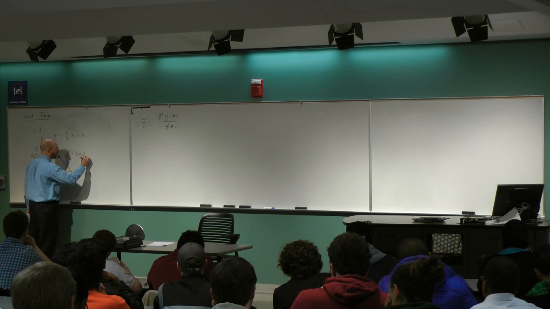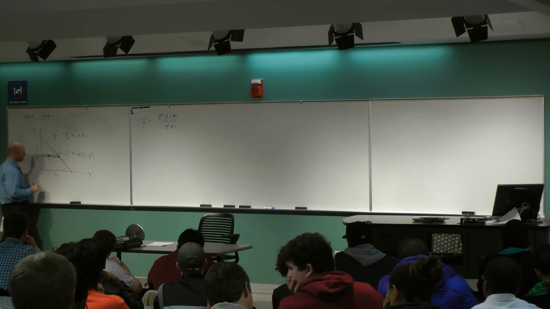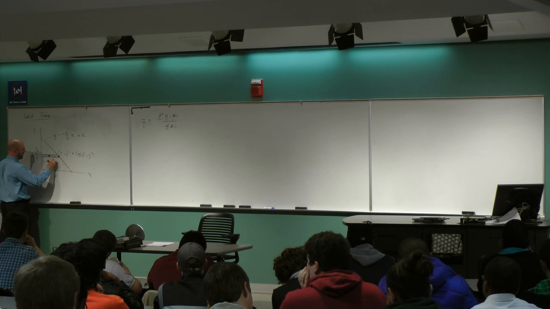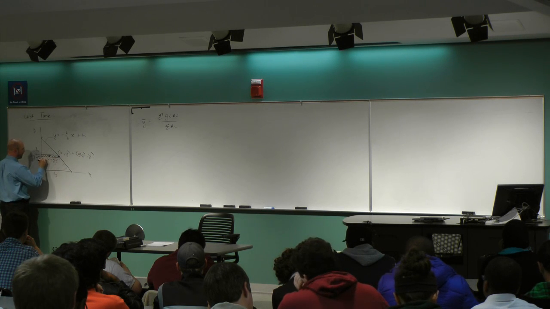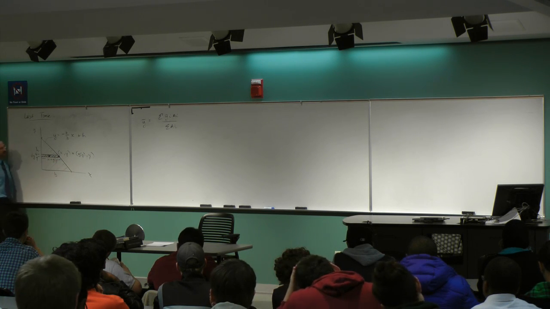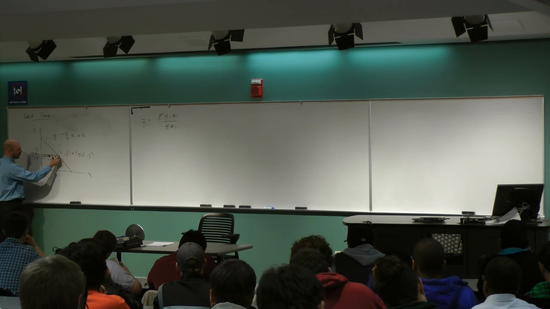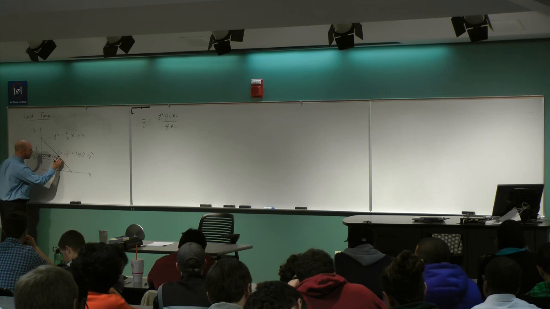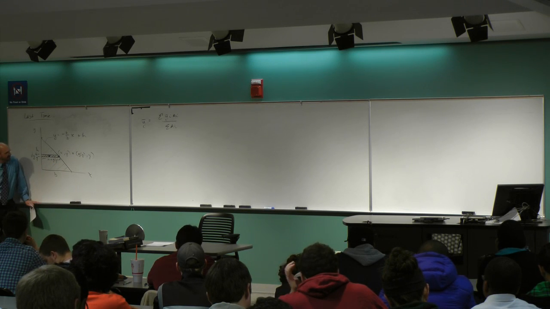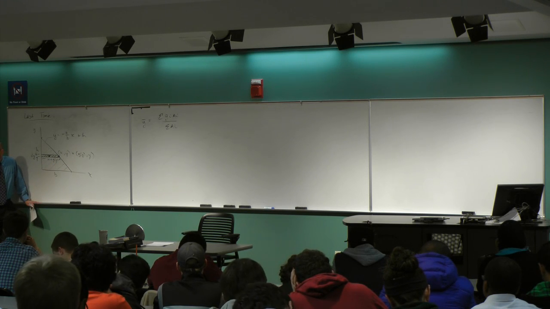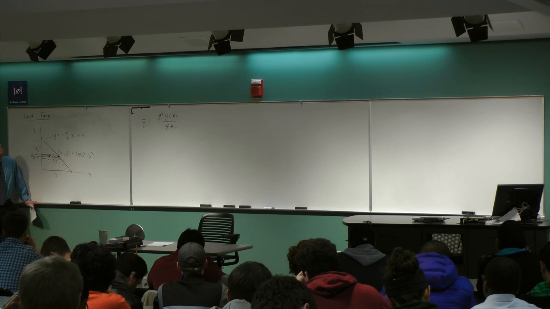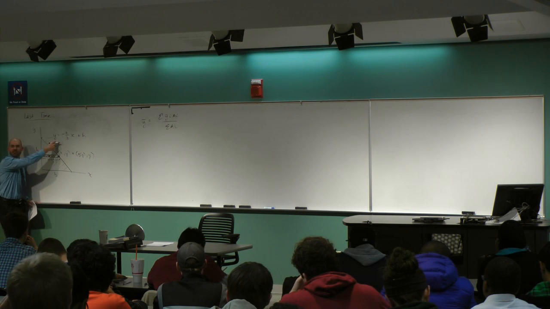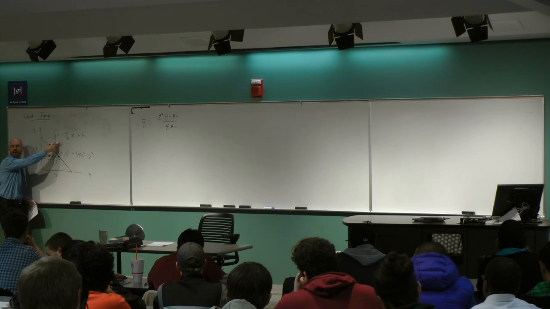Say g of y, comma y. So this x, depending upon the y coordinate, varies. It's for this particular value wherever it lies on the curve. So, how am I going to calculate the x value for any given y value? This equation relates all the x and y values.